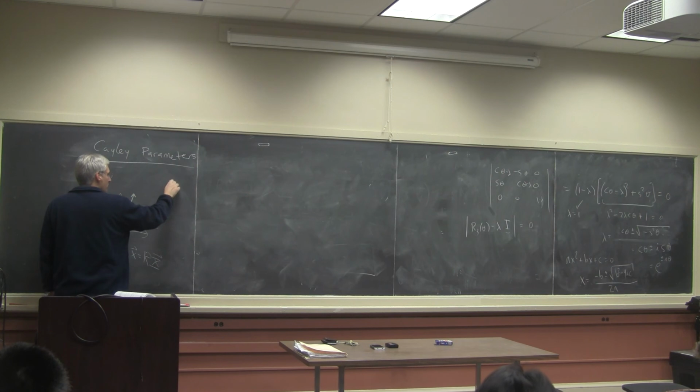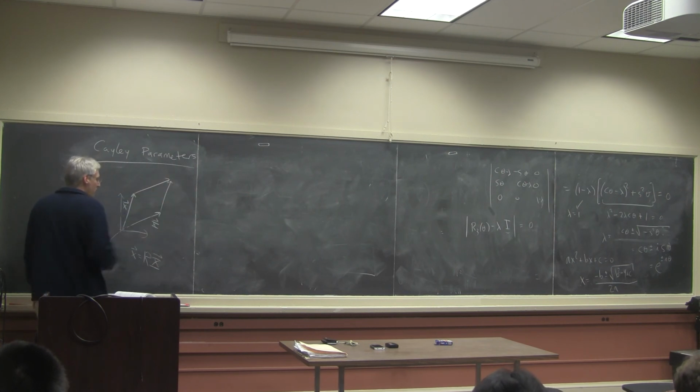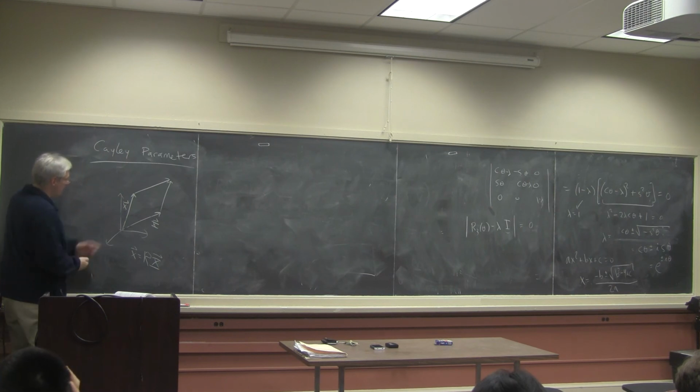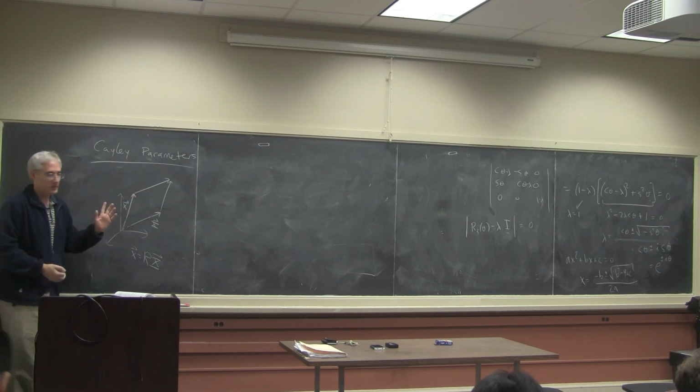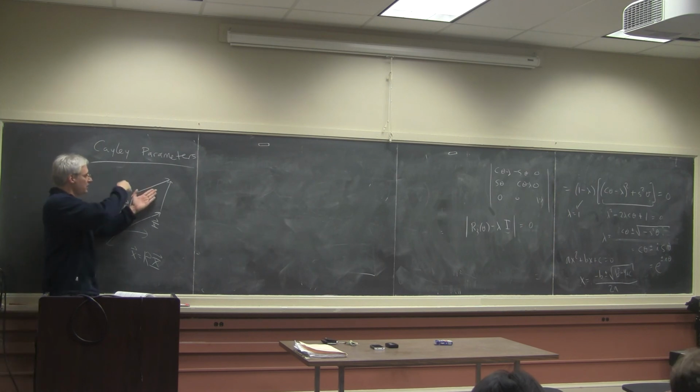He said, well, suppose we make a parallelogram. Actually, it's more than a parallelogram, it's a rhombus. These four lengths are all the same. So again, if I look in the direction normal to the plane defined by these two vectors, I'm just going to see a rhombus.